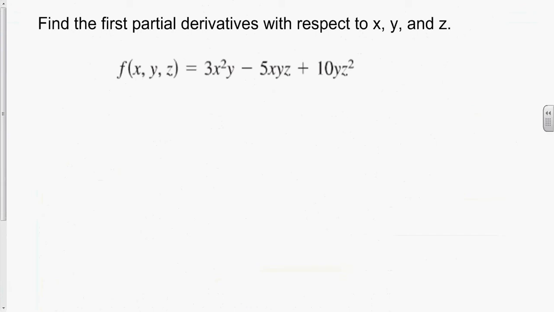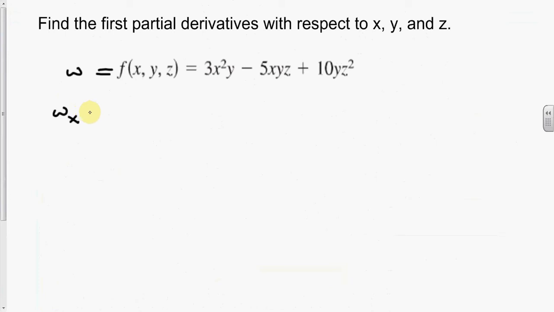Here we have a function f, and it depends on 3 variables, x, y, and z. So we find here the partial derivatives. Here we call f of x, y, z, w. So we find the partial of w with respect to x. Now I use shorthand when I write these terms.